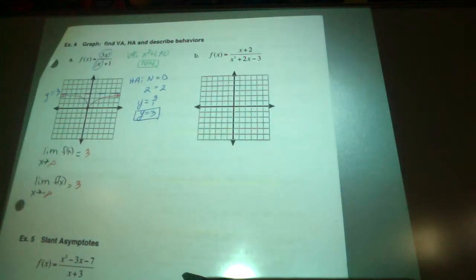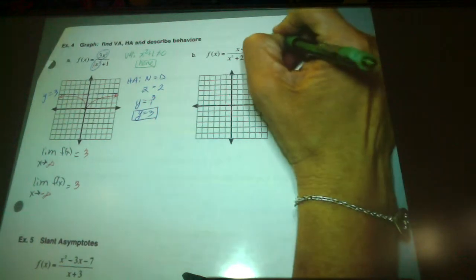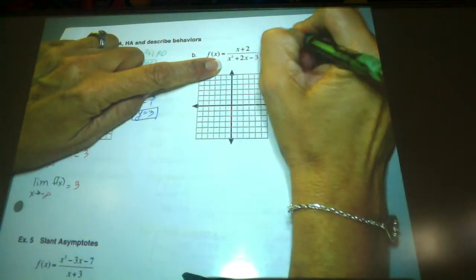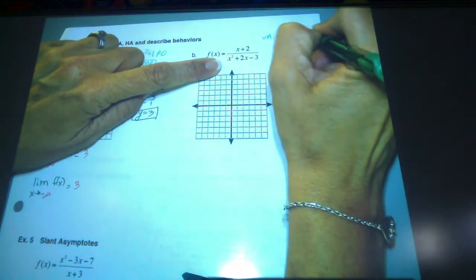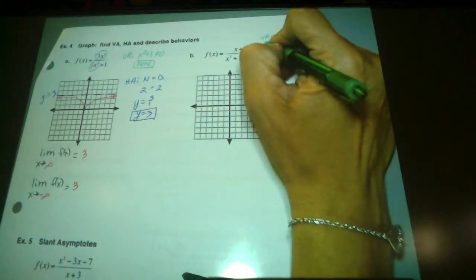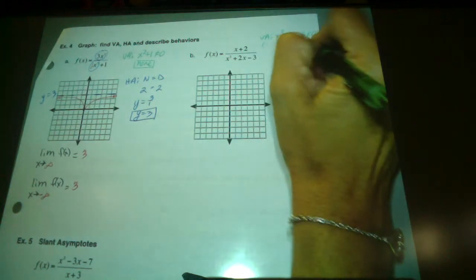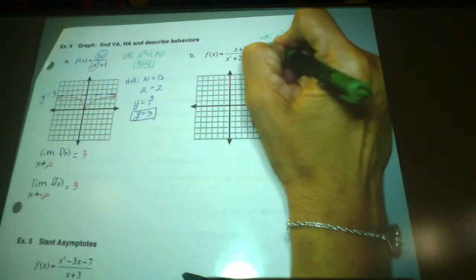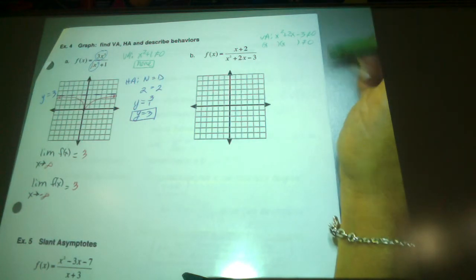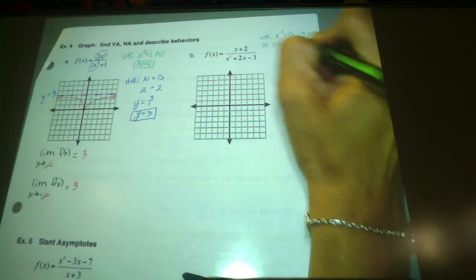Let's find a vertical asymptote. So we're going to take our denominator, x squared plus 2x minus 3, and set it not equal to 0. Can I factor that? Yes, I can. So x squared becomes x and x. What factors of 3 subtract to give you 2? 3 and 1.